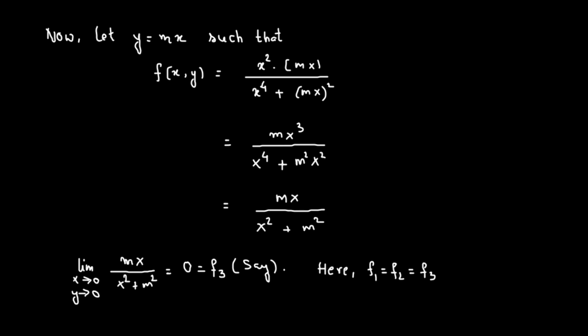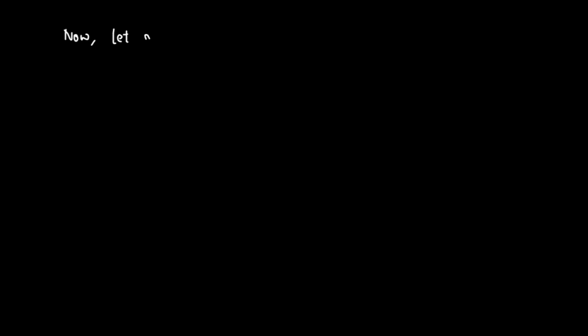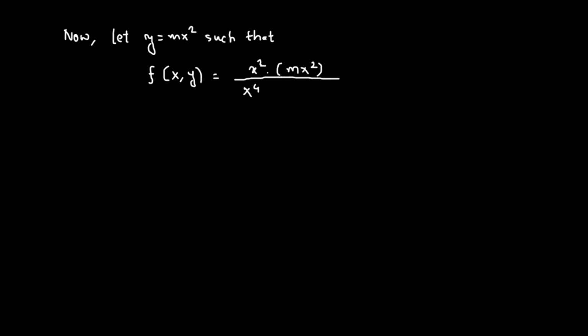So we again have to go one more step further and assume that y is equal to mx squared, such that now we have to replace the value of y with mx squared in the original function. So that will give us x squared times mx squared divided by x raised to the power of 4 plus y squared.